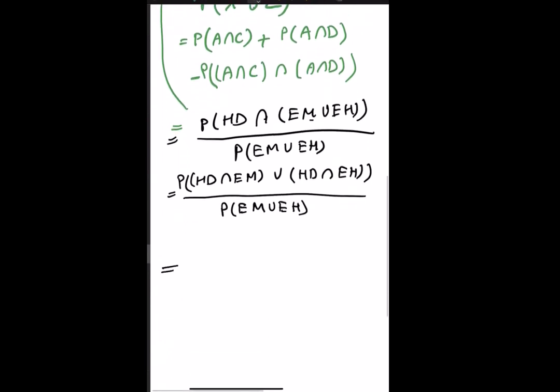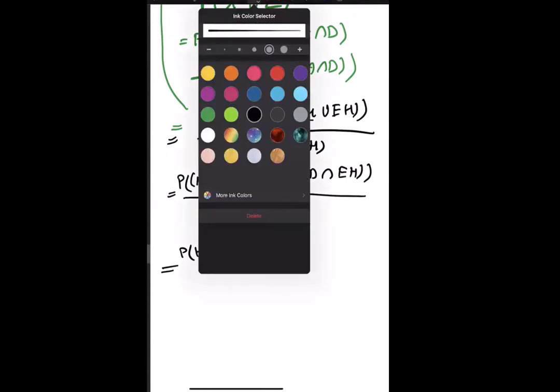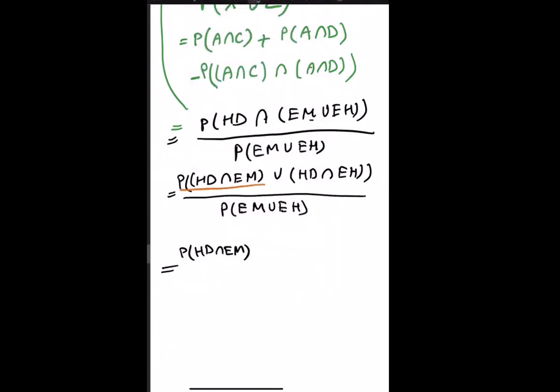And then the numerator again is probability of HD intersection EM, the first part, plus probability of HD intersection EH, that's the second part, minus probability of their intersection.